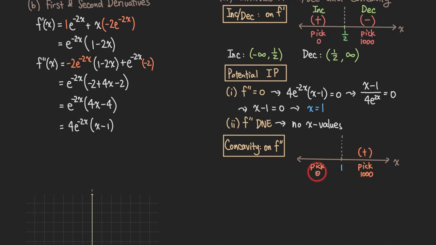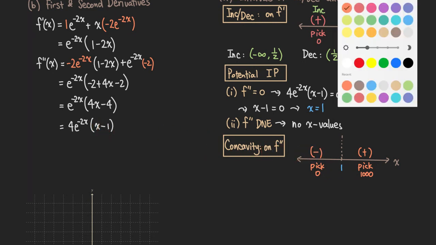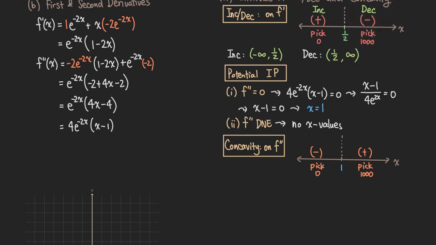What about the 0? 0 minus 1 is negative. So now we can draw our conclusion. On the right side of the 1, the function is concave up, and on the left side of the 1, the function is concave down. So that's quite easy to get.